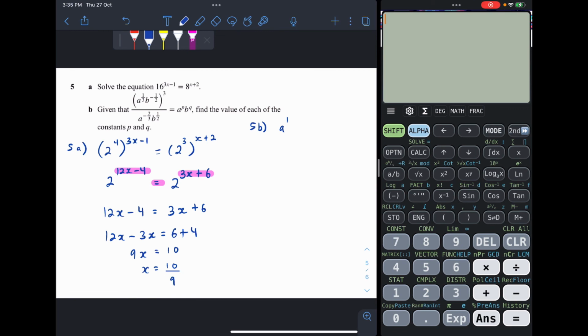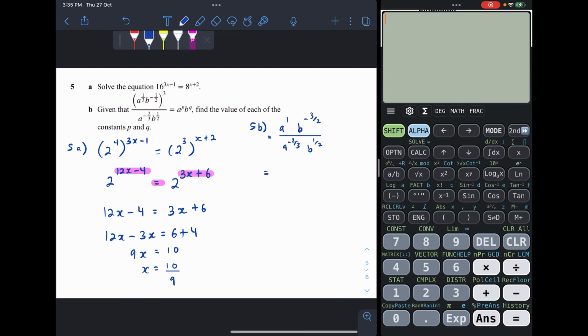So a to the power of 1. b will be negative 1 over 2 times 3, which is just negative 3 over 2. Okay, so the bottom still stays the same, negative 2 over 3, and b is 1 over 2.